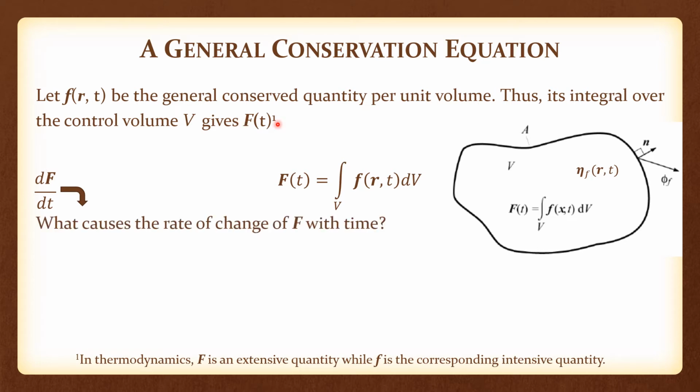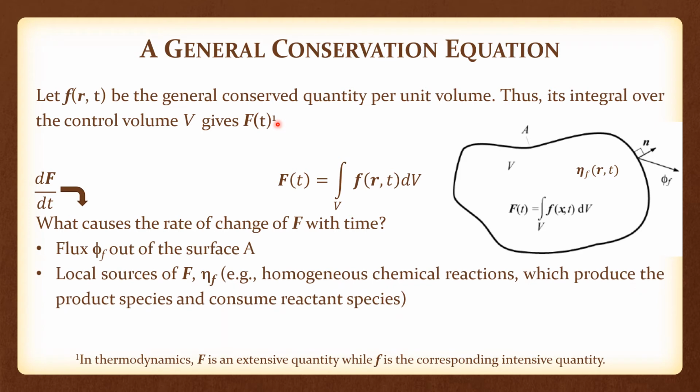The first thing is the efflux, or the flow of this quantity out of this control volume through the surface A, and that causes the rate of change of F. In the case of overall mass, when we derived the continuity equation, there were no other sources or sinks for overall mass, and therefore this was the only quantity we had to consider. So we essentially wrote that this change is due to the efflux, and we derived the continuity equation.